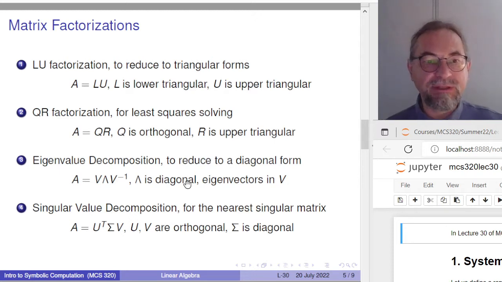Then we have the reductions to diagonal form. Both reductions to diagonal form do have geometric interpretations. When we compute the eigenvalues and the eigenvectors, we compute those directions of the space in which the matrix stretches the unit vectors according to the size of the eigenvalues.